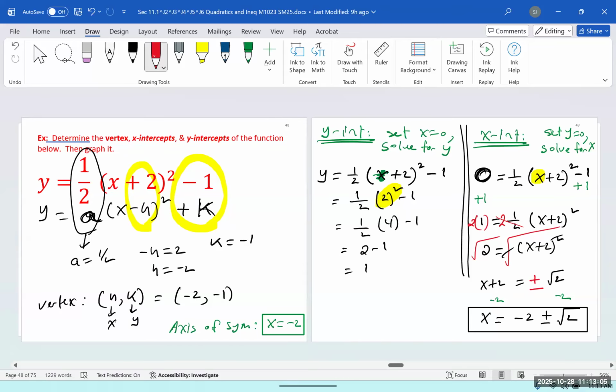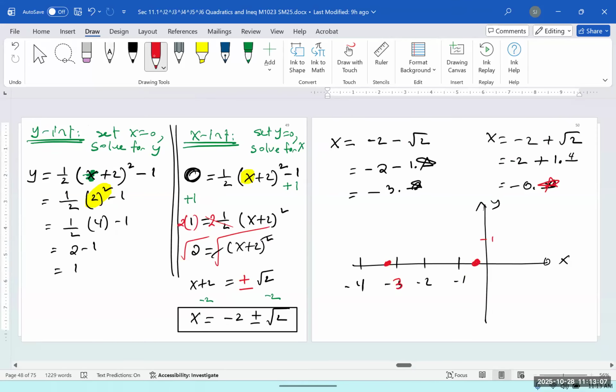Half of 4 is 2. 2 minus 1 is 1. So this is 1. And the x-intercept: 1/2 minus 1, right? So we add 1 and then multiply by 2, square root. So square root of 2, subtract 2. So -2 minus that, -2 plus that. So both of them are negative.